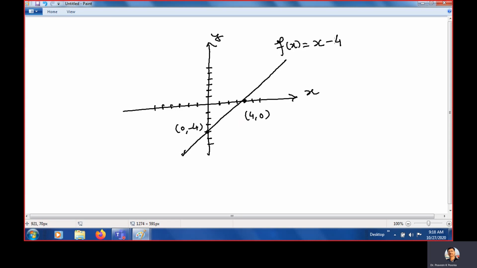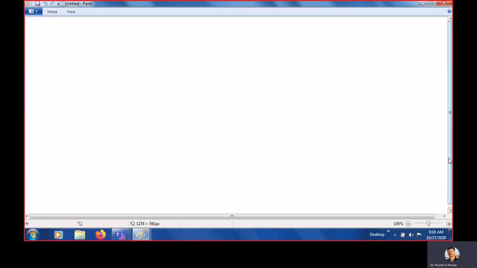This is the line. Clear? So there are 5 things we have done in this question. Number 1, what is the domain? Number 2, what is the range? Number 3, what is the x-intercept? Number 4, what is the y-intercept? And number 5, how to draw the graph of the function.